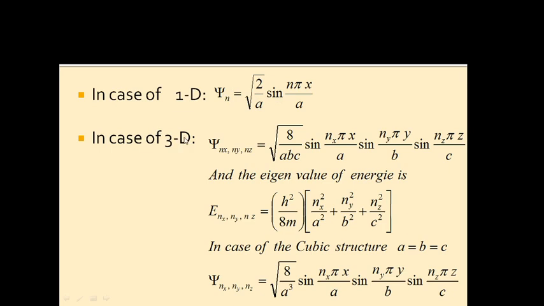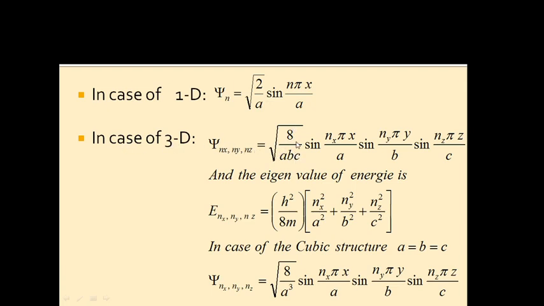Whereas in the three-dimensional case, the similarity between one-dimensional and three-dimensional is that you can visualize the three-dimensional case like three one-dimensional cases, and therefore the three-dimensional case is nothing but the product of three one-dimensional normalized wave functions. Hence the equation comes with the under root of 2 by a, under root of 2 by b, and under root of 2 by c for all the three dimensions.